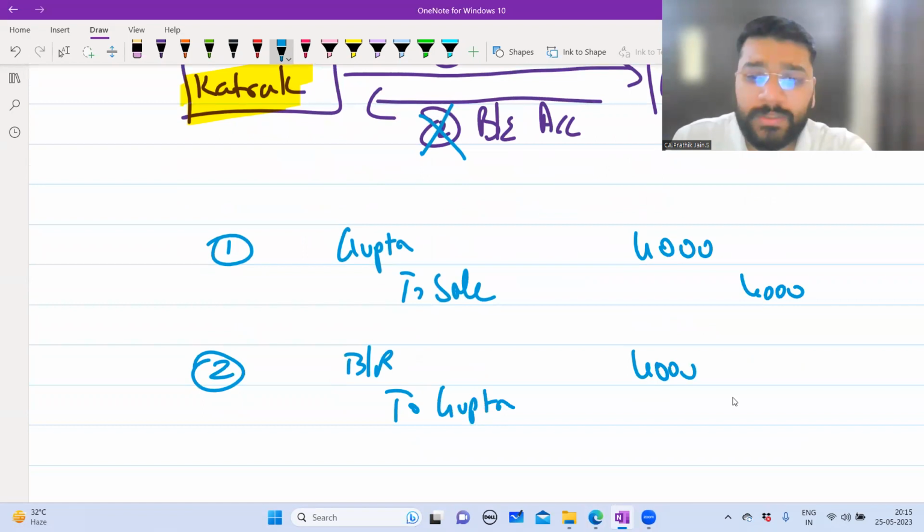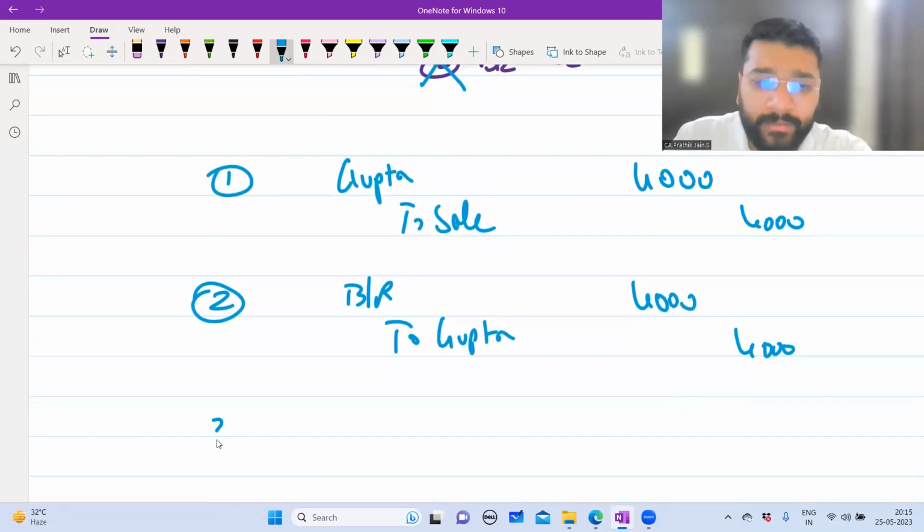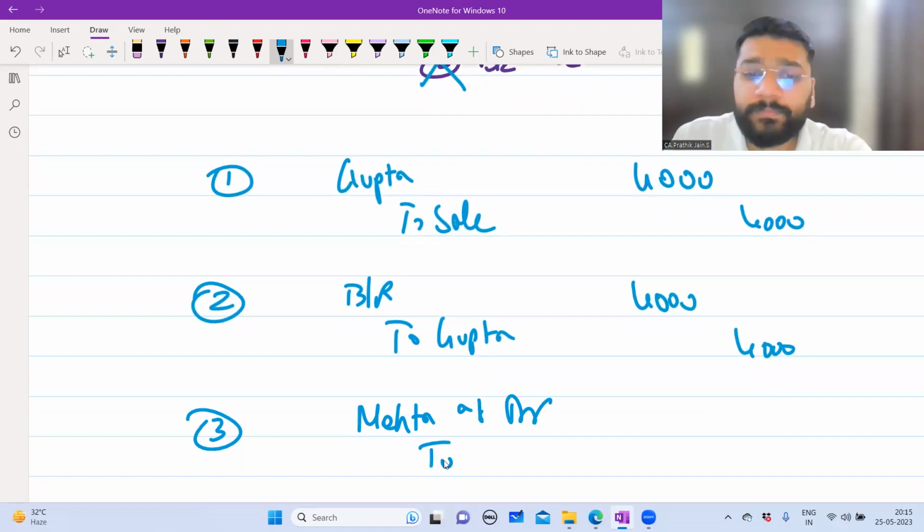How much? 4,000. Then endorsement entry. What is the endorsement entry? Third one. Mehta account debit to? Bills receivable, 4,000.